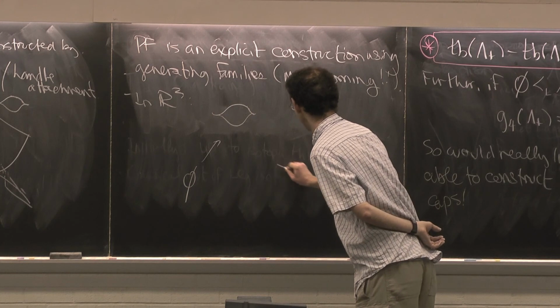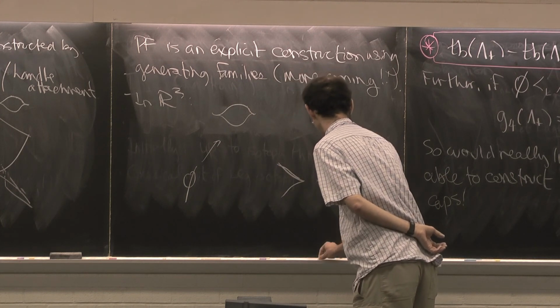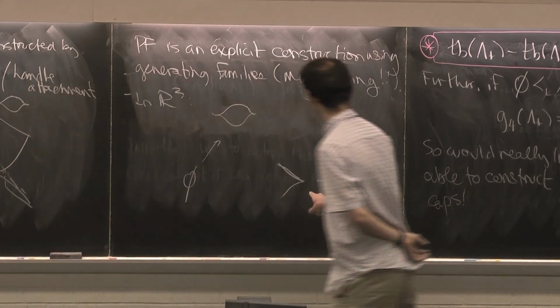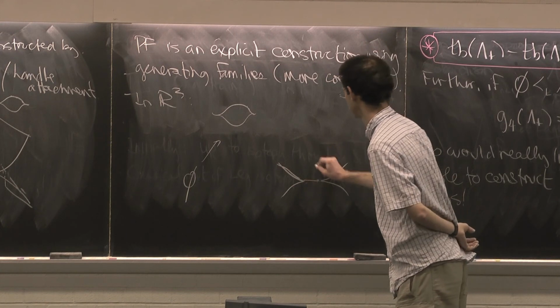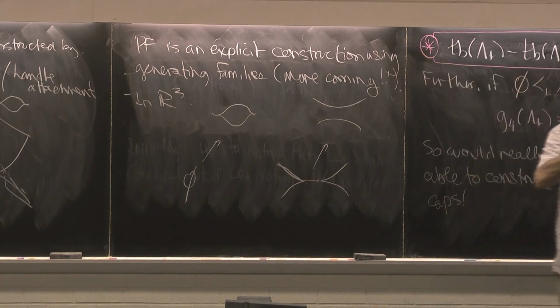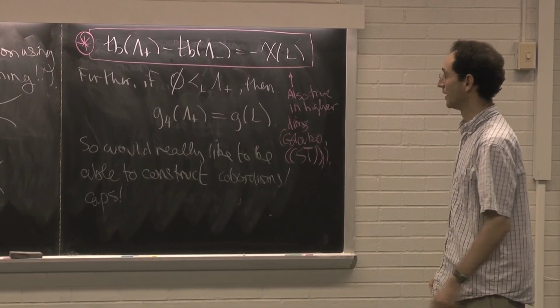The other thing I can do, if I have 2 cusps facing each other, is draw the little disk between them and join the cusps together, and this gives a nice saddle cobordism.